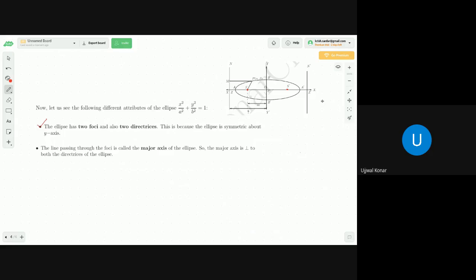So in context to the ellipse x square by a square plus y square by b square equal to 1, the x-axis is the major axis, and the major axis is perpendicular to both the directrices of the ellipse. Obviously NZ and N dash Z dash are the two directrices, so it is perpendicular. So this is well understood. Correct, dear students?